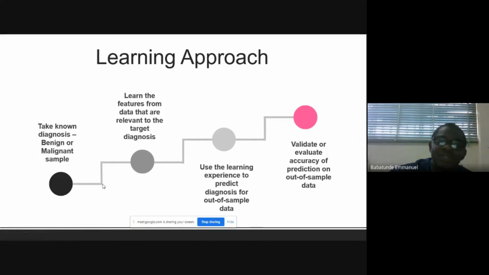That's what I've mentioned, that we get new patients, and we now use the learning experience to predict that, okay, this new sample is benign or it is malignant. Now, of course, we have to validate our results. So we validate the accuracy of our prediction, whether our prediction is accurate or it is not accurate.